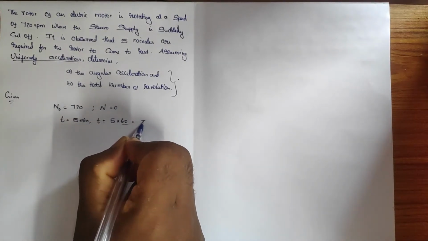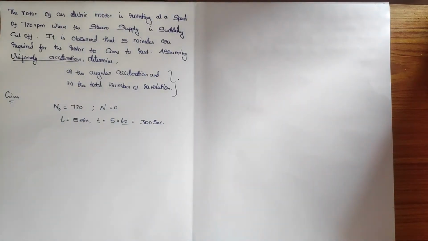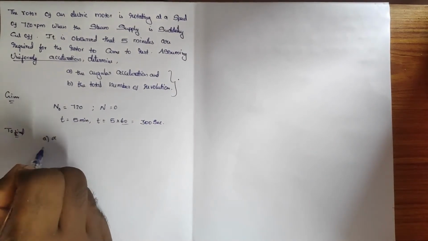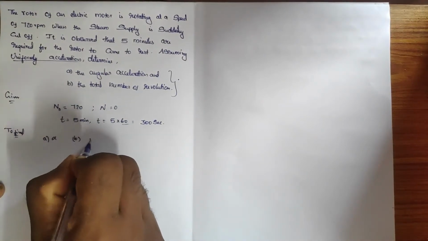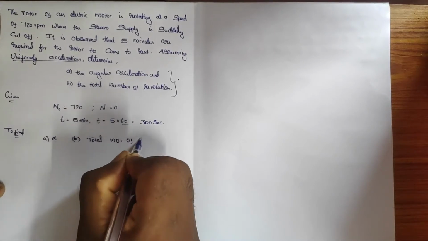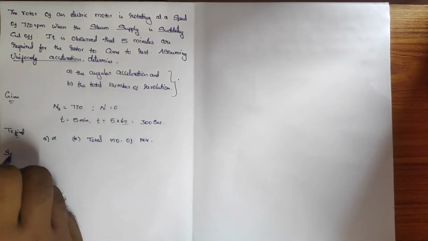So here we get 300 seconds. To find: A is the angular acceleration alpha, and B is the total number of revolutions. These two things we need to find.